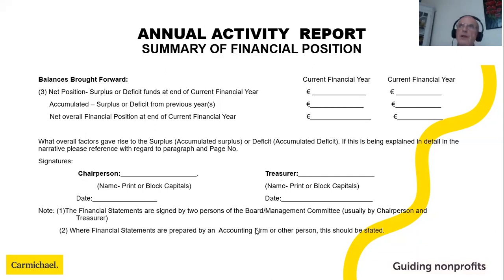If you have employed a particular firm of accountants, which I'm sure you have where you have a reasonable budget, then the individual in that accountancy firm who is responsible should also be named, because they will possibly be coming to your AGM anyway to help with any detailed questions that may be asked.